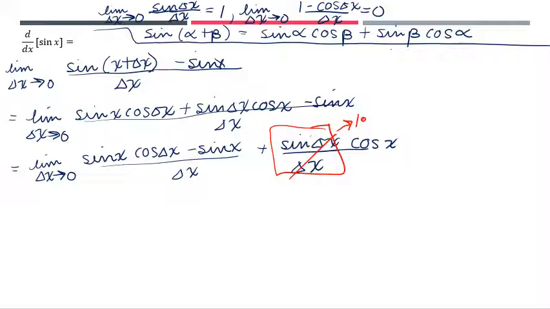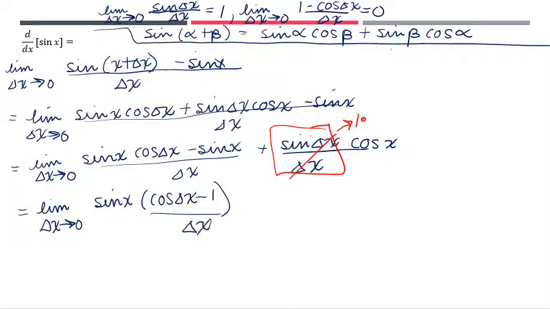So I really just need to figure out what to do with sine x cosine delta x minus sine x. I can factor out a sine x. That looks pretty close to the limit up here, but the issue is I have cosine of delta x minus 1 instead of 1 minus cosine of delta x.